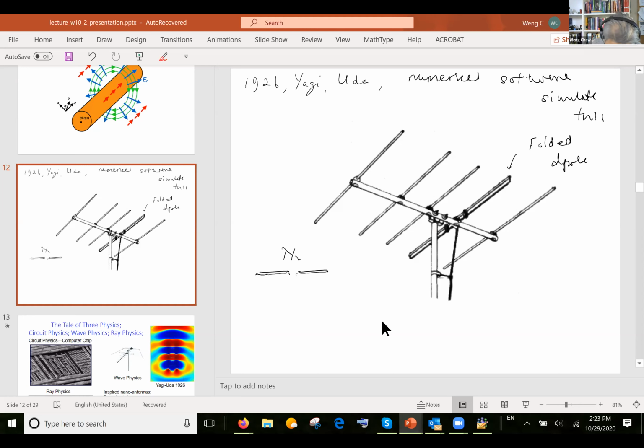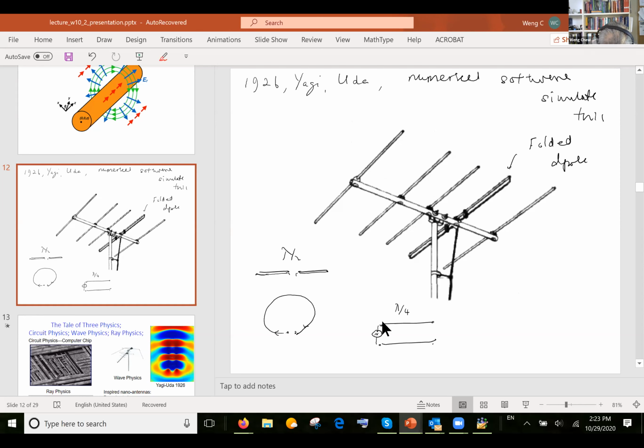antenna smaller? One way is to think of first a loop antenna. If you have a loop antenna, if the current is going that way, or you can think of a shorted transmission line. Say something like this, then if you have this open circuit, then this would resonate around lambda over 4.